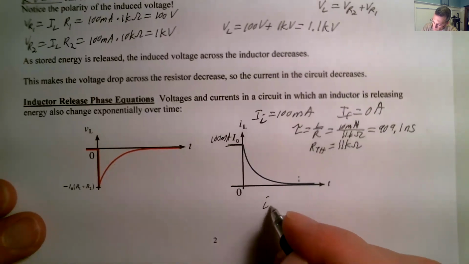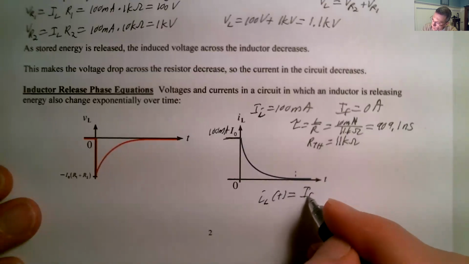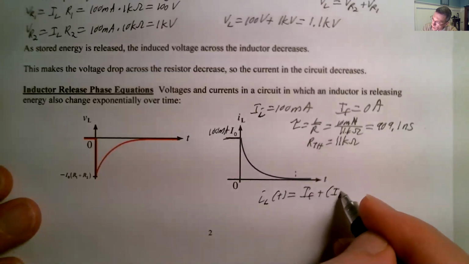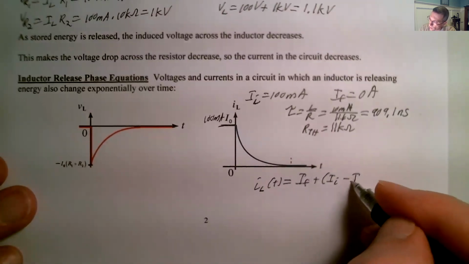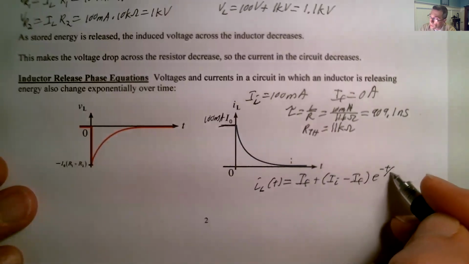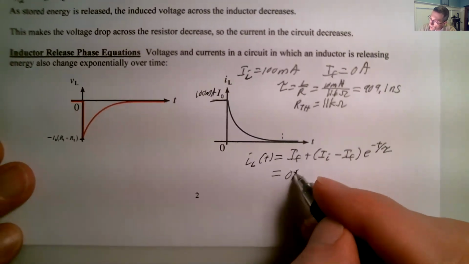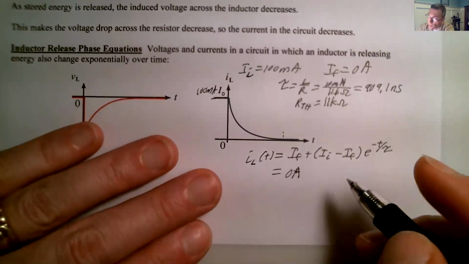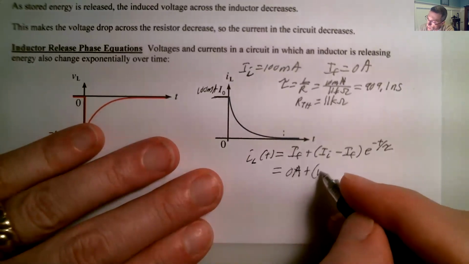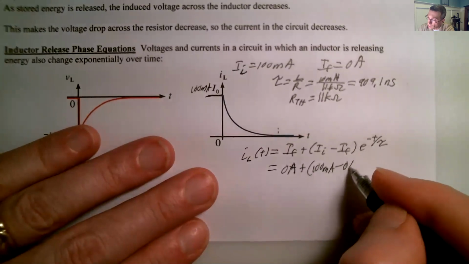So IL of t is equal to I final plus I initial minus I final, times e to the minus t over tau. I final is 0 amps, I initial is 100 milliamps, I final still 0 amps.